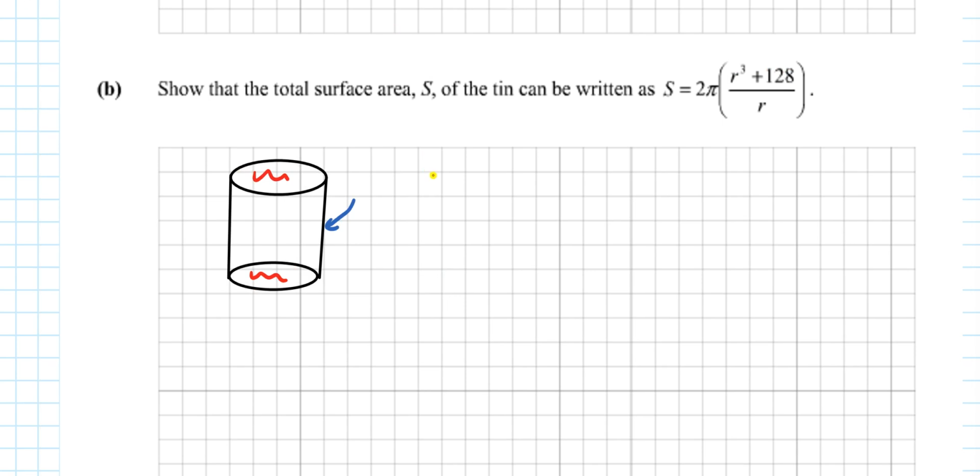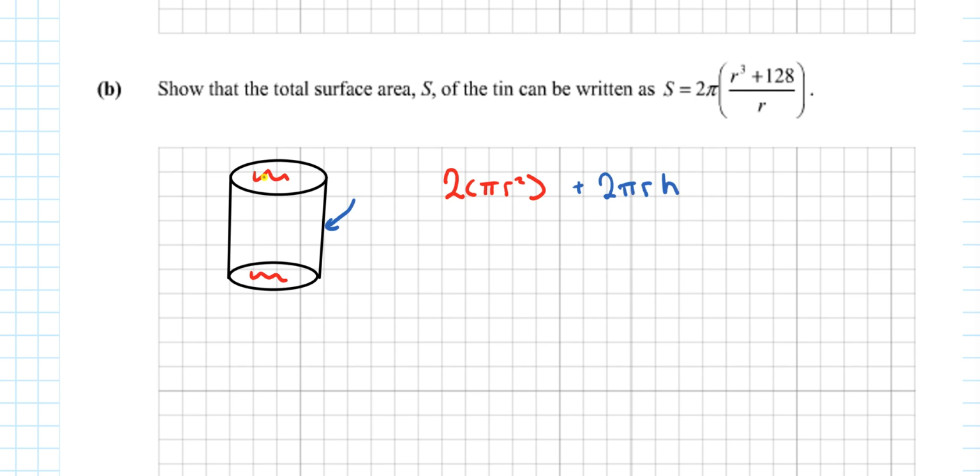The area of the circles is going to be 2, because there's 2 of them, times the area of a circle, which is pi R squared. And the curved surface area from the log tables is 2 pi R H.